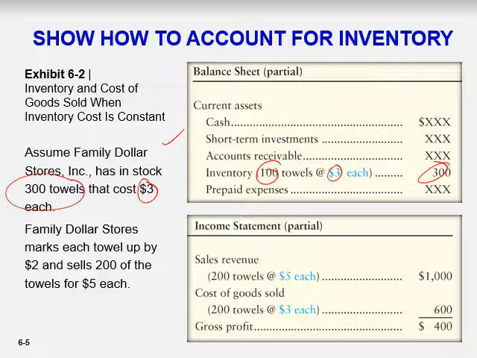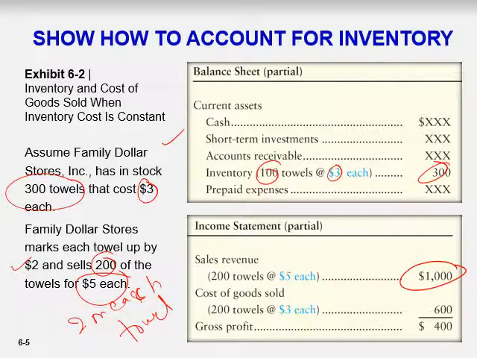So Family Dollar marks each towel up by $2 and sells 200 of the towels for $5 each. So it means the store is earning $2 on each towel.